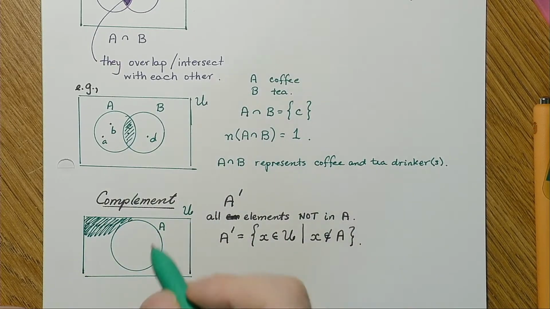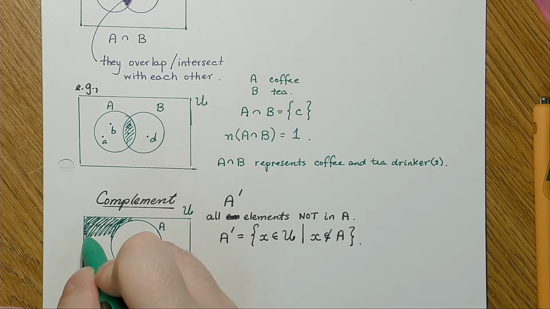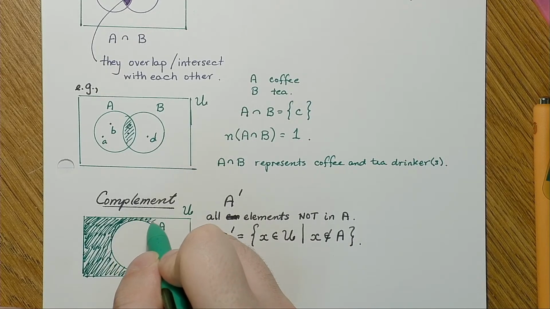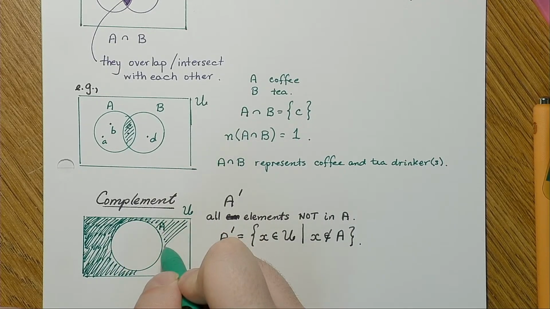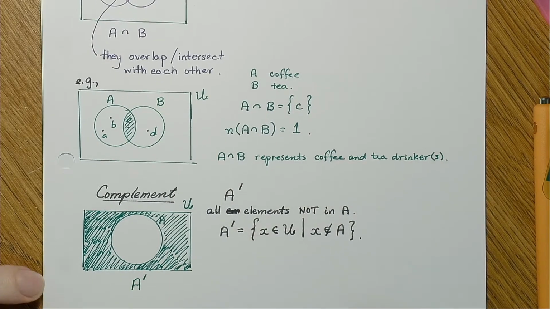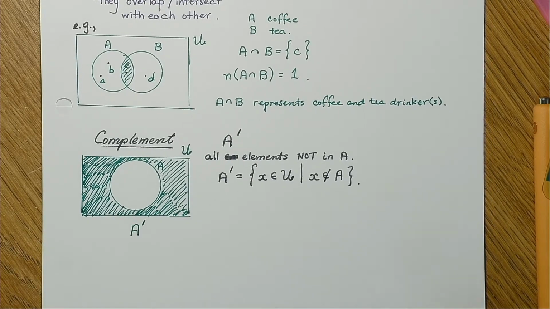So again, it's all the elements in the universe U that are not in A. Okay, and that's a complement.